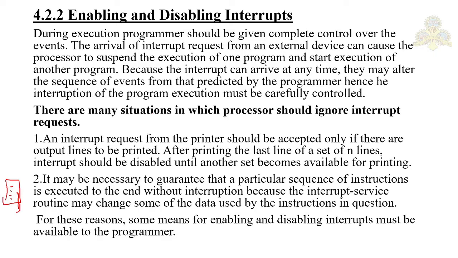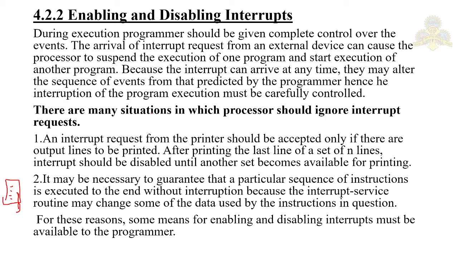During execution, the programmer should be given complete control over the events, like which set of instructions would be executed. The control has to be given to the programmer. The arrival of any interrupt request from an external device will cause the processor to suspend what it is doing, that is the execution, and start serving the interrupt which has been received.